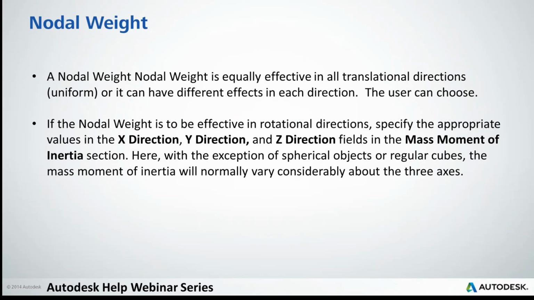If the nodal weight is to be effective in the rotational directions, you have to specify the appropriate values of the mass moment of inertia in the X, Y, and Z directions. Typically, these would be different in the X, Y, and Z directions, unless you have a sphere or a perfectly rectangular cube. You can have 3 different values in the 3 different directions.